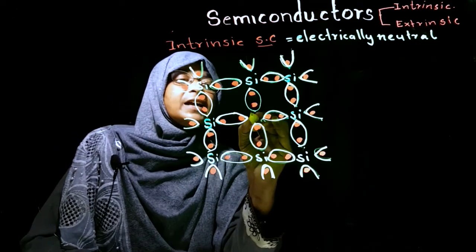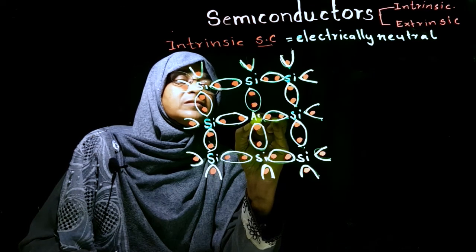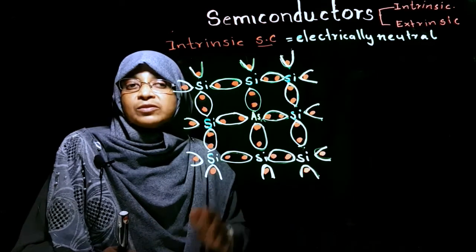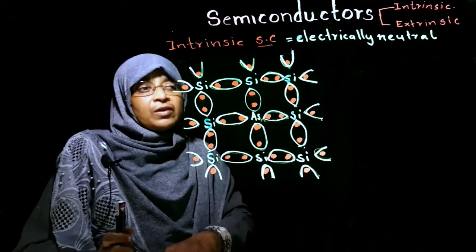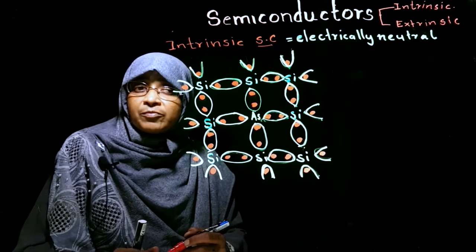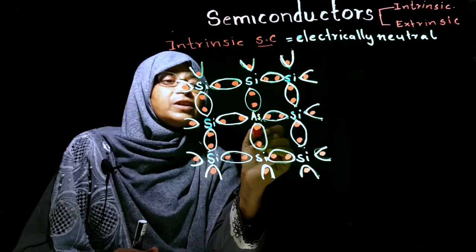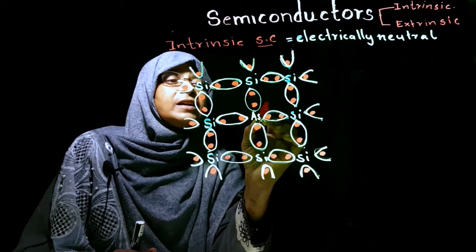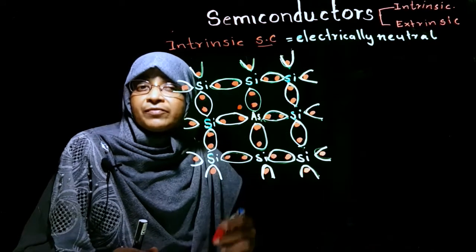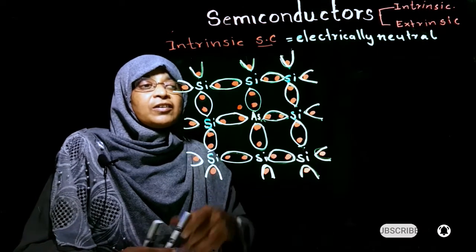So we can take an arsenic atom here. Arsenic belongs to group 5. So how many electrons are there in the outermost shell? Group 5, 5 electrons. Now we can see 1, 2, 3, 4, and 1 electron is left without a bond.